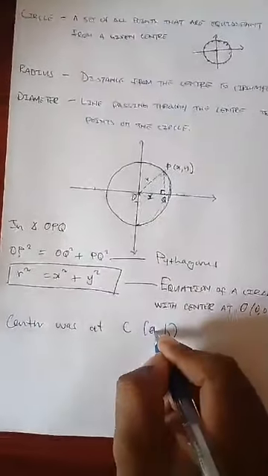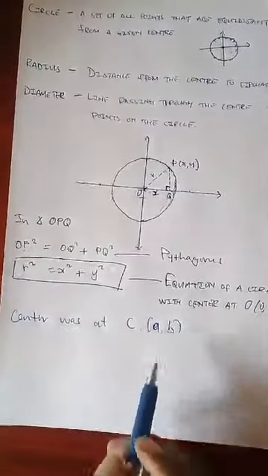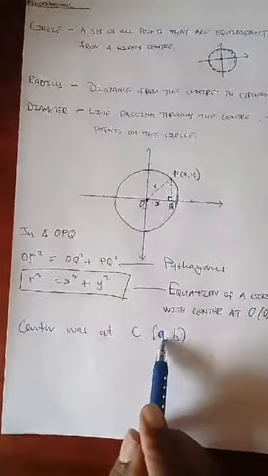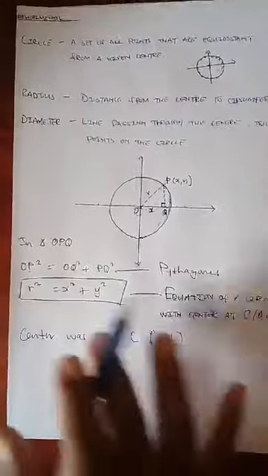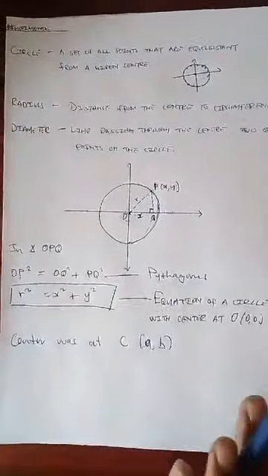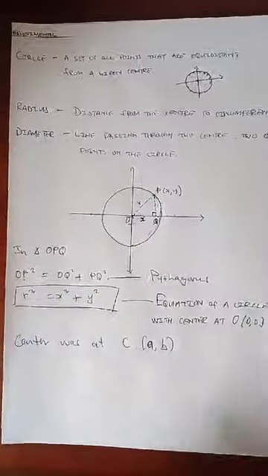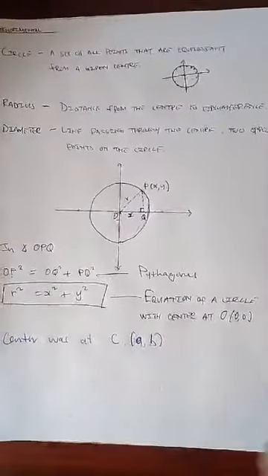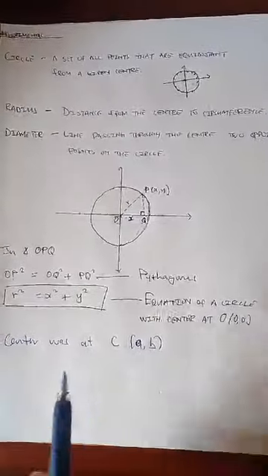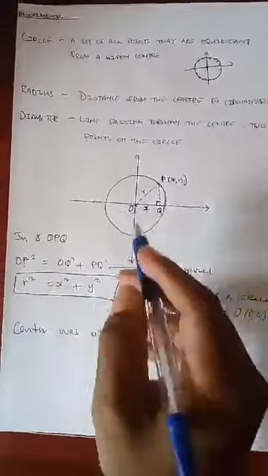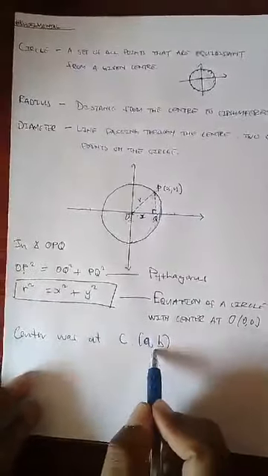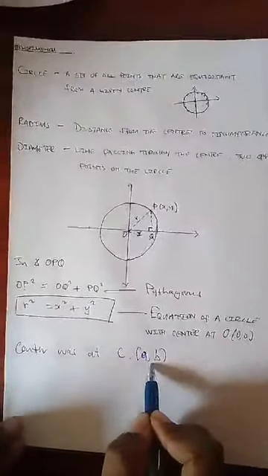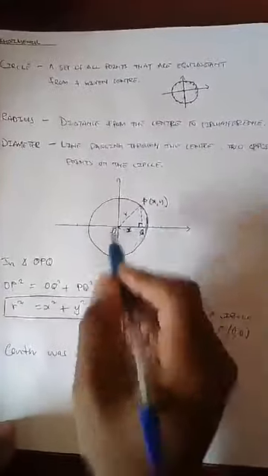So this is not 9, this is supposed to be A. Just an arbitrary value, any number that we don't know. By arbitrary, we mean any number that we can pick, that we are not specific. A and B are just arbitrary variables. Because here, we knew that the center is at 0, 0. So what if the center of the circle is not at 0, 0, but at A, B? How would this look?